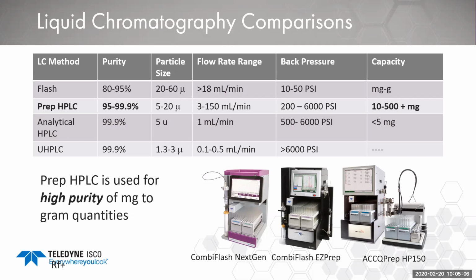Having said that, later on when we get into the mass specs, actually all the detections for that matter, we can incorporate the detection schemes on any one of the three systems you see down here at the bottom: our CombiFlash NextGen, the EasyPrep, and the ACCQPrep HP150. Most of the work that I have is going to be generated on a CombiFlash EasyPrep, but I have some data that's been done on the ACCQPrep as well.